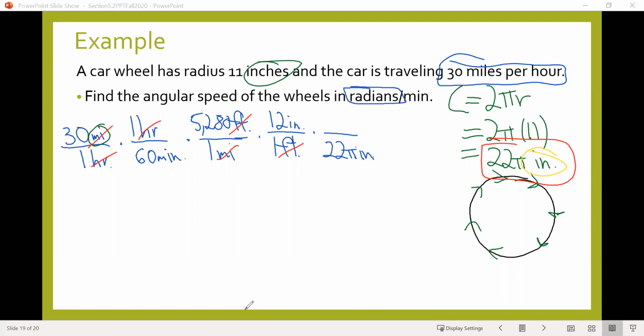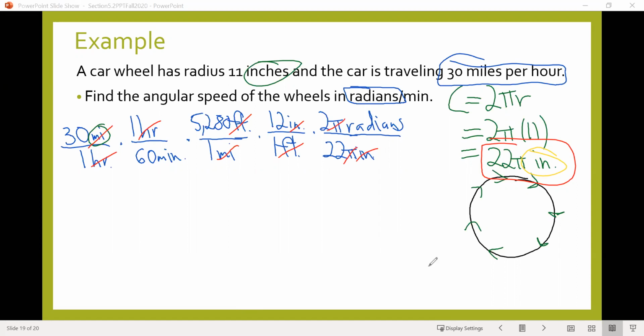So that would mean we're actually going through 2 pi radians. Right? 22 pi inches rotating around the outside of the circle is going to be the same as going through 2 pi radians because you go all the way around the circle. All right, so here the inches will cancel.